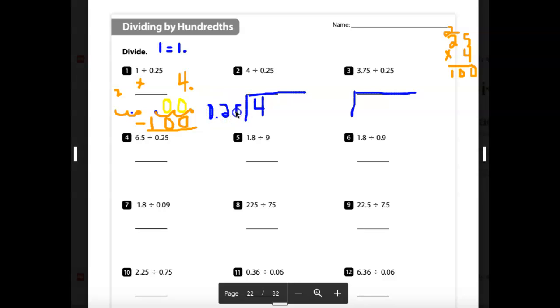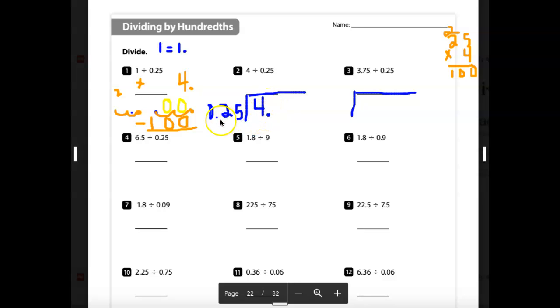So because there's a decimal over here, we have to put a decimal over here. 4 point is the same as just 4, okay?